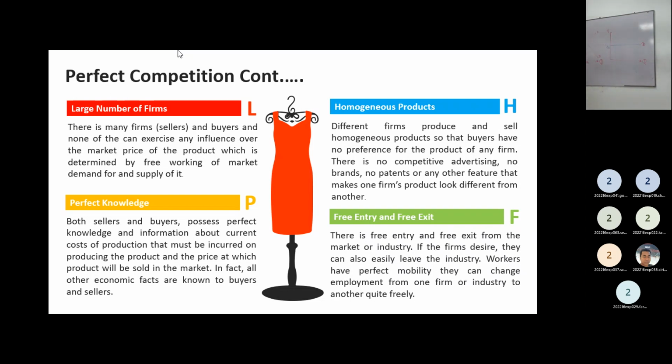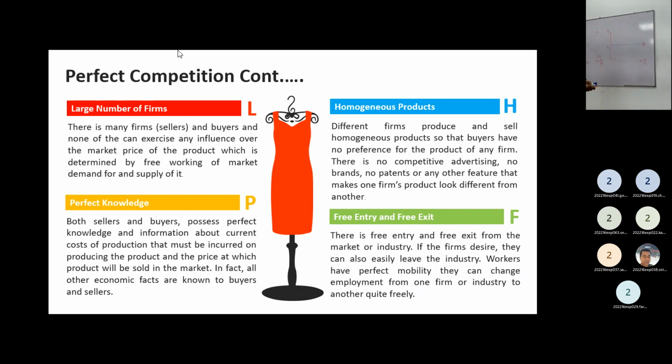Large number of firms are there, right? And if you look at the fruit sellers and vegetable sellers, those are not exactly 100% the same as perfect competition, but closely similar. So many fruit sellers, many vegetable sellers are there. And as buyers, there are many buyers to go and purchase such products.